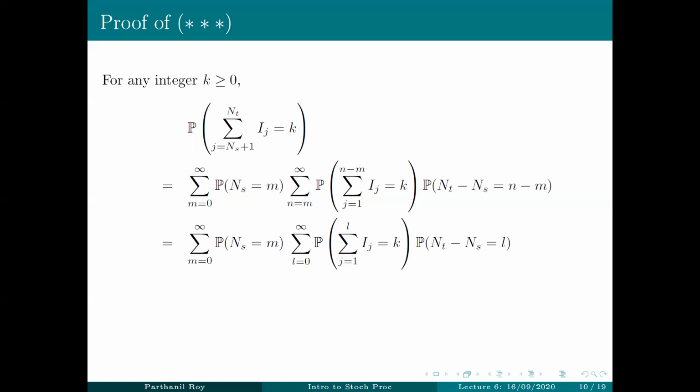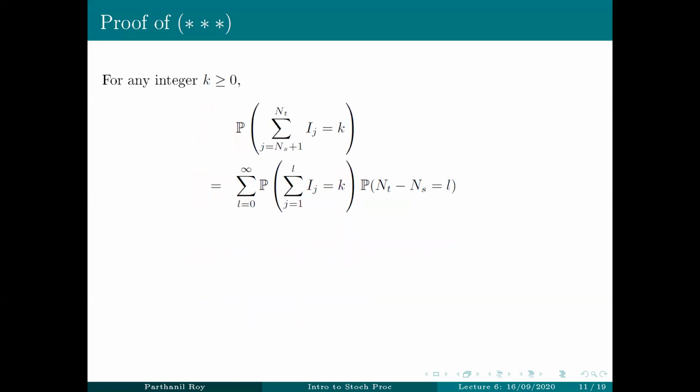Therefore, its range is the set of all non-negative integers. So I have taken the sum over m, where m runs over the range of N_s. So therefore, this probability is just 1. Okay? So this is just 1, and therefore we just get this second sum. So even though it was a double conditioning, by using various properties, we have been able to reduce this to a single sum.